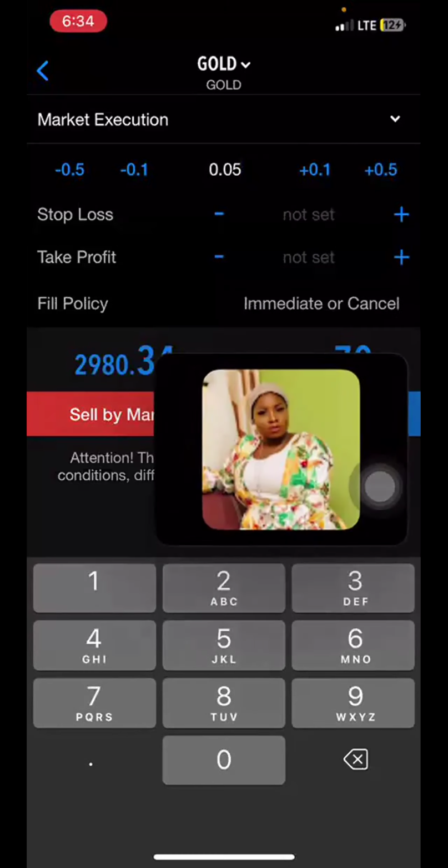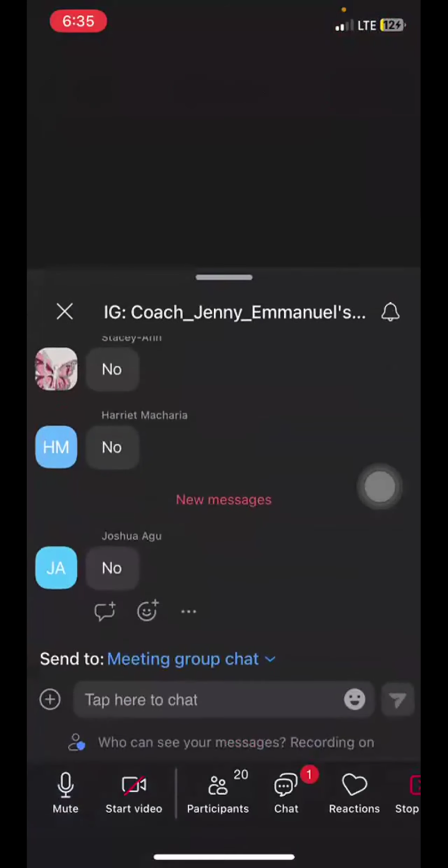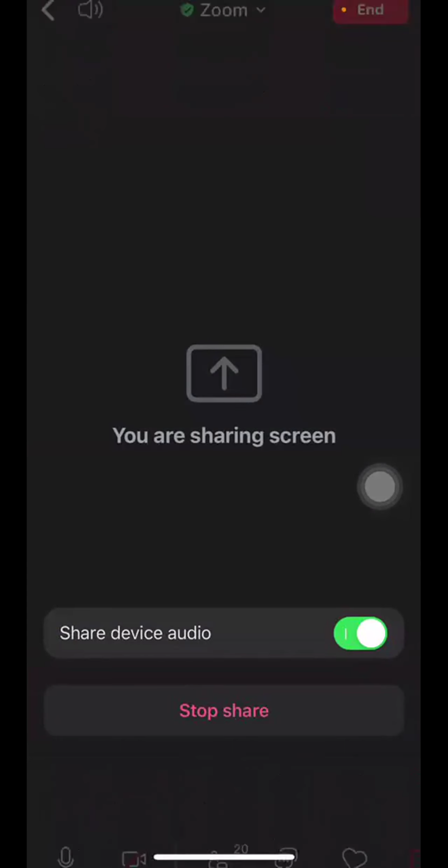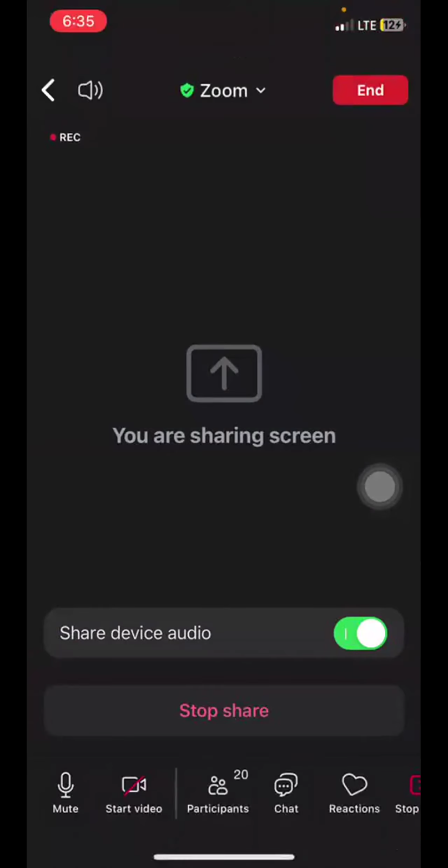When you say somebody is over leveraging, it's not as if your analysis is not correct. The sell is correct, but before it happens, maybe there's a little back and forth before it hits your take profit. You will end up losing your funds before it pays out, and when it pays out, it will be so painful.